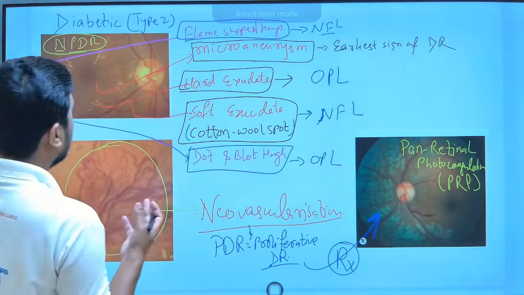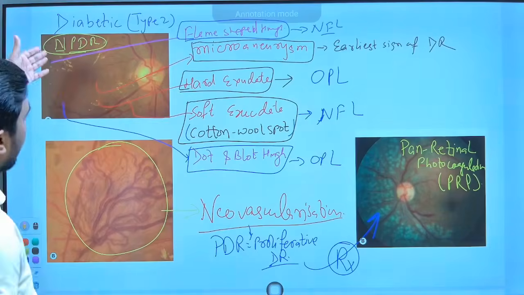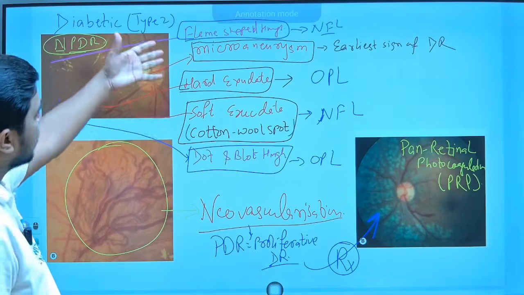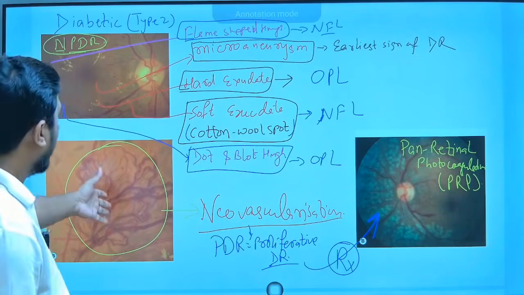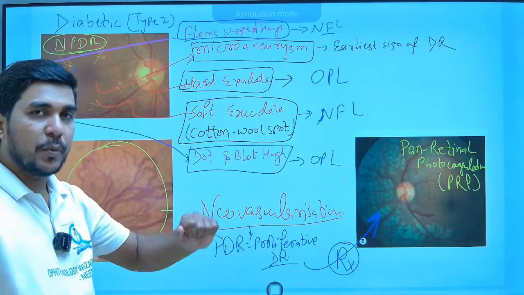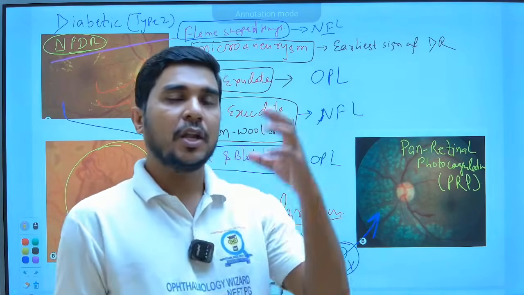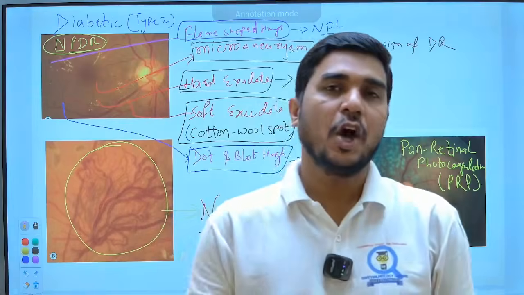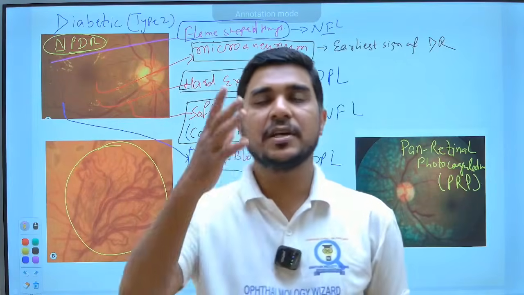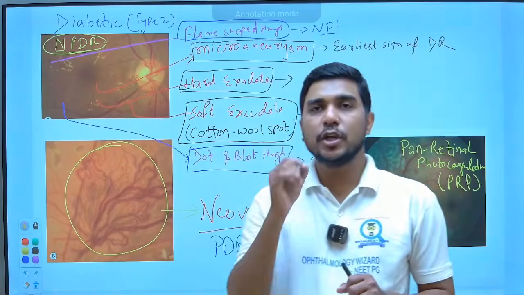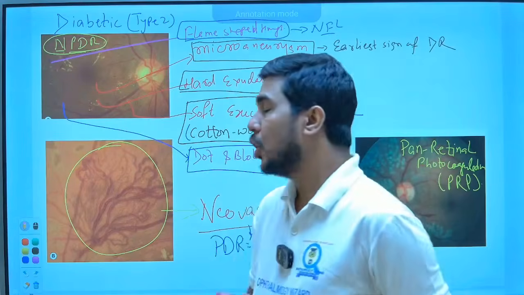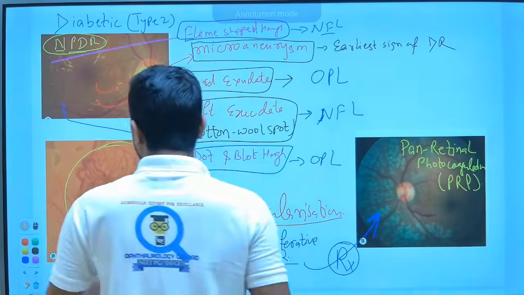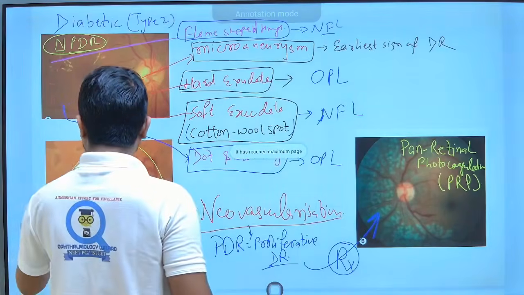So this is about non-proliferative diabetic retinopathy, microaneurysm, hard exudate, soft exudate, and proliferative diabetic retinopathy. Whenever you see neovascularization in the fundus of a diabetic patient, then it is proliferative diabetic retinopathy and you need to laser that portion. So this is the treatment here. Understood? Moving to the next.